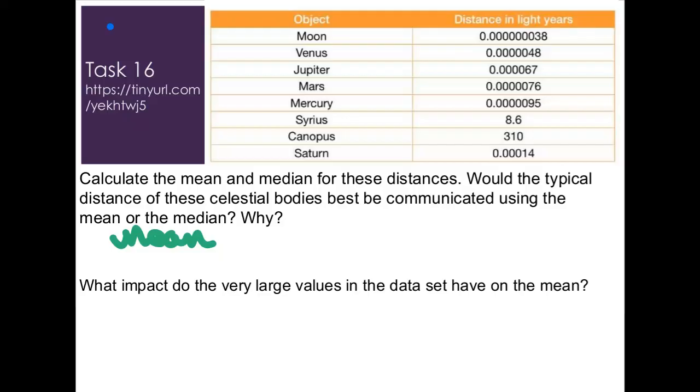Okay, now click on this and click on distance in light years. Just that. Okay. No, you're good. So what is the mean? 40. So the mean is 40. What is the median? 0.